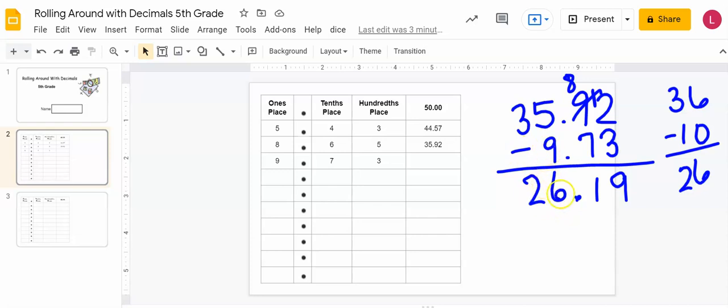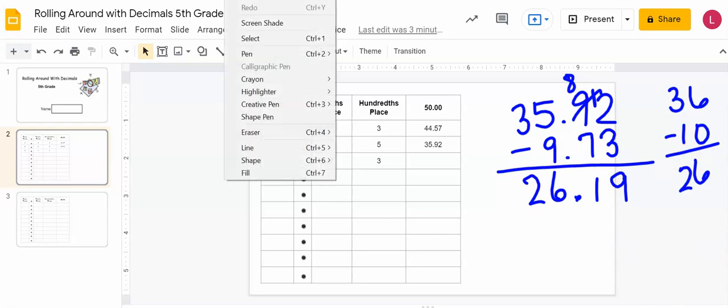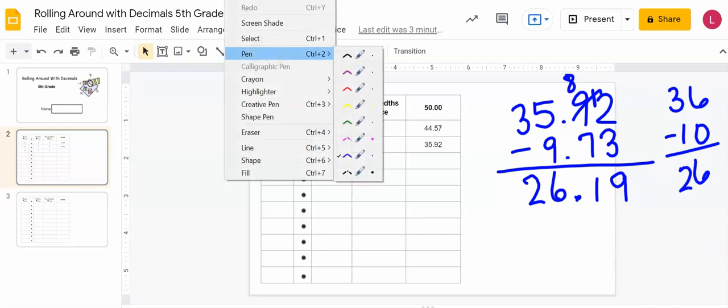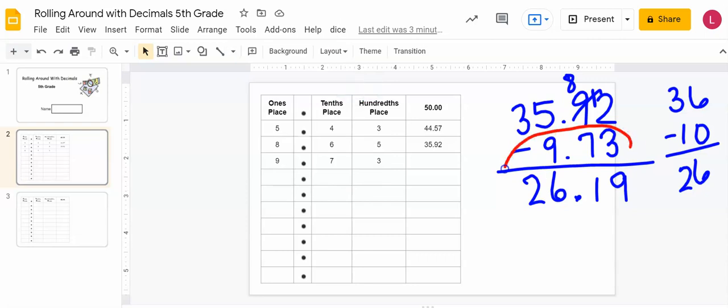So 9 plus 6 is 15. Yes. And then 2 and that 10, one more from that 10 would be 35. And look, that's really close to my estimate. So again, if I added, let me get my red pen here, if I get this and add them together, I can prove my work there.